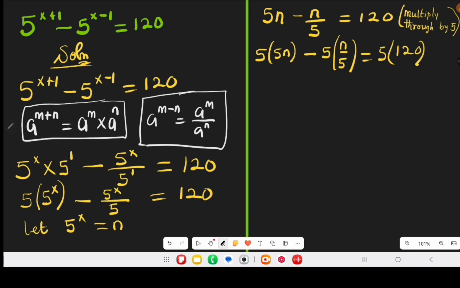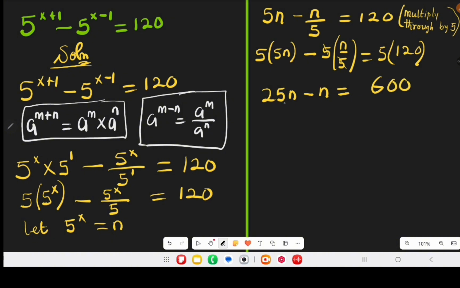Here 5 times 5n gives us 25n. 5 cancels 5, left with minus n, equal to 5 times 120, which gives us 600.